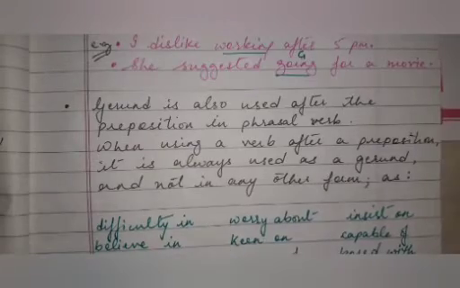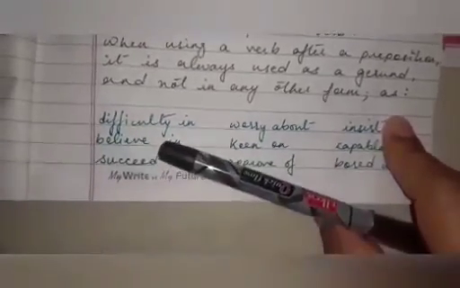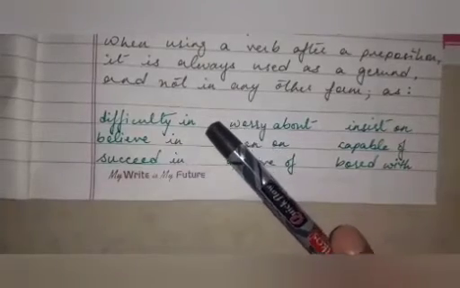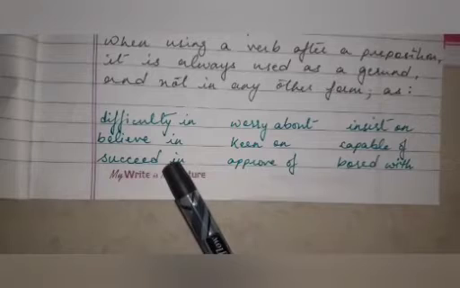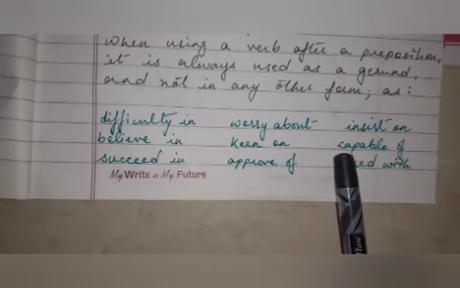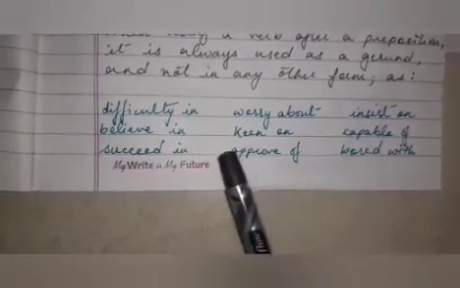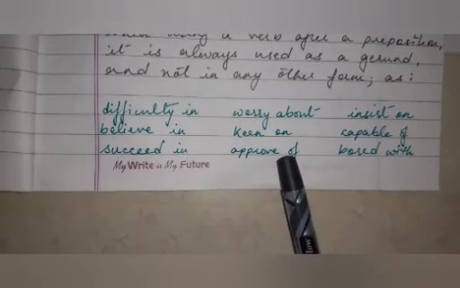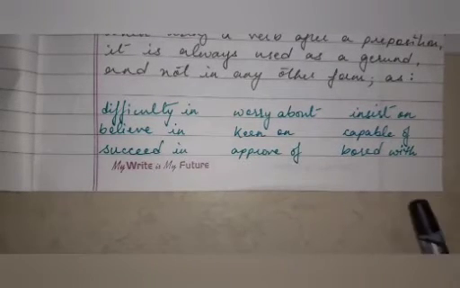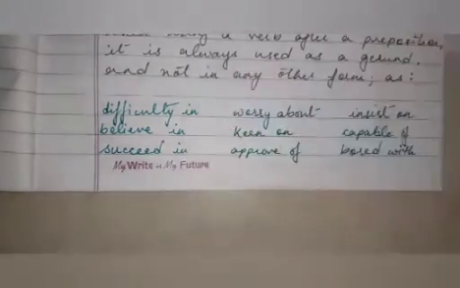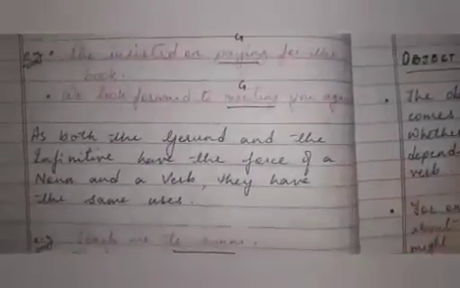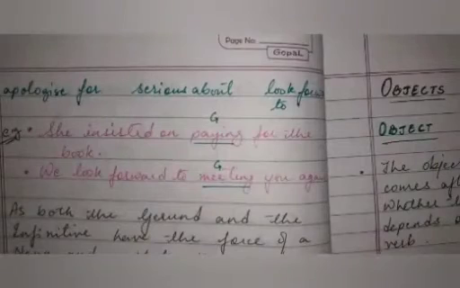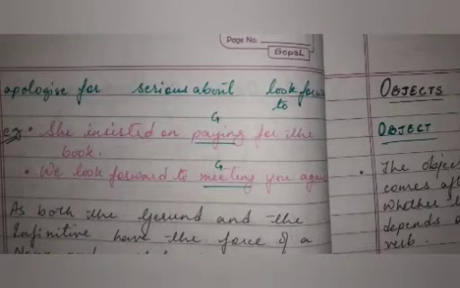So let us know first of all what are those phrasal verbs. First is difficulty in, worry about, insist on, believe in, keen on, capable of, succeed in, approve of, bored with, apologize for, serious about and look forward to.